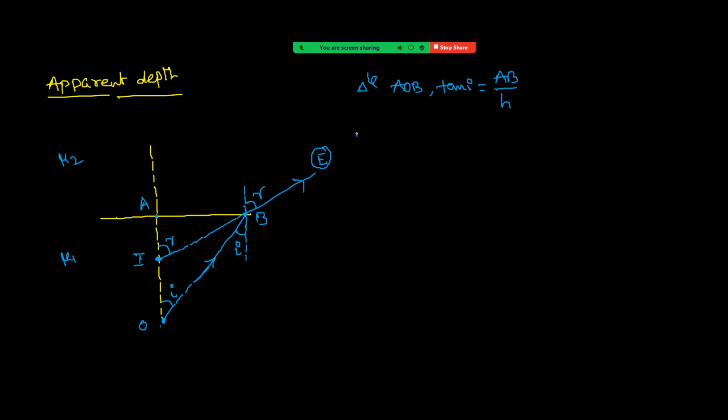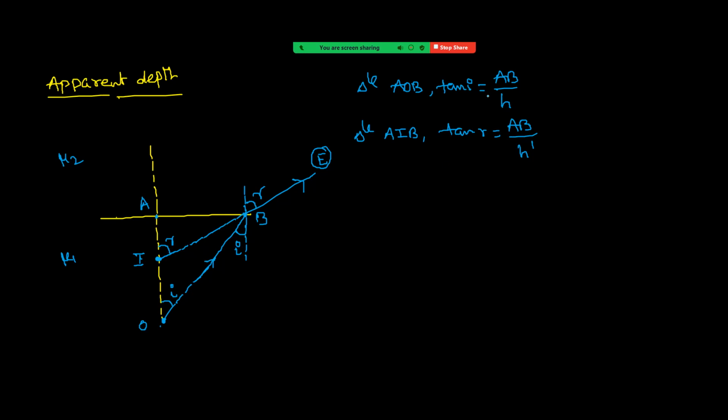Next, consider triangle AIB. From that, we can write tan R equal to AB by H dash. Now here we consider one special case, that I and R are small.